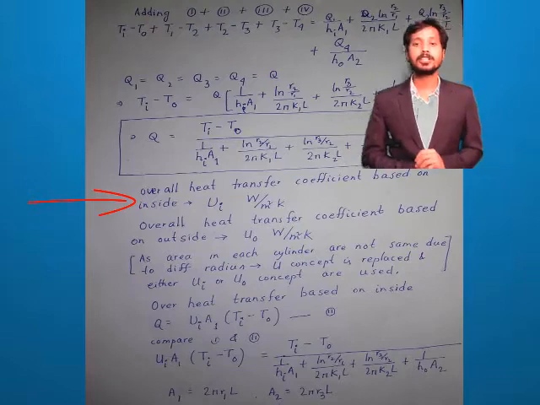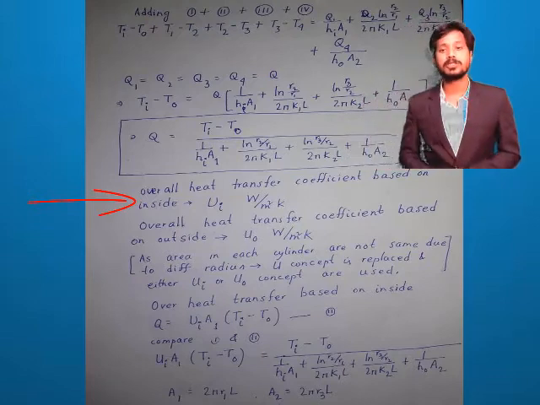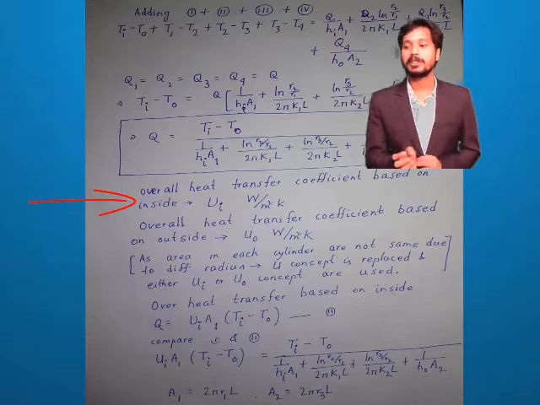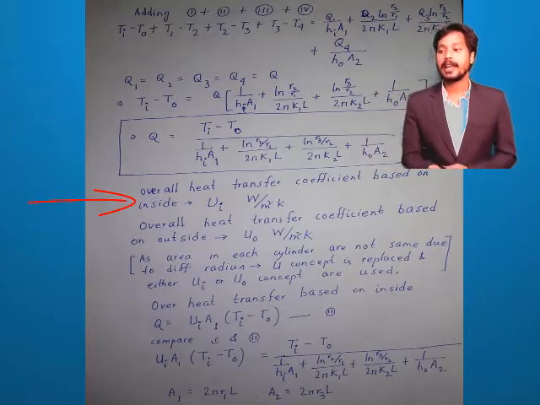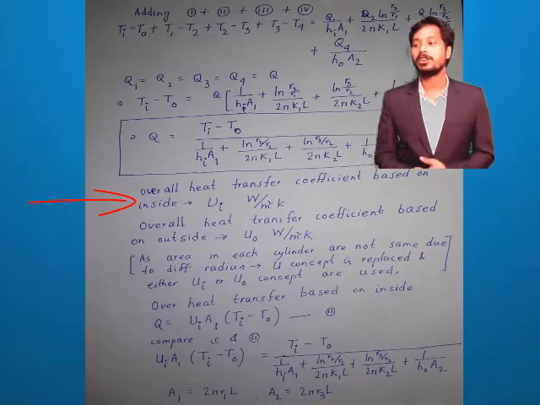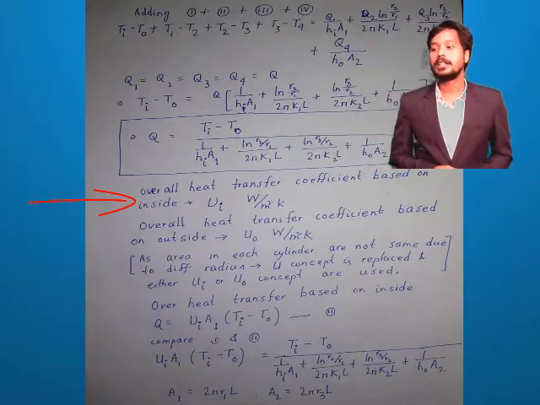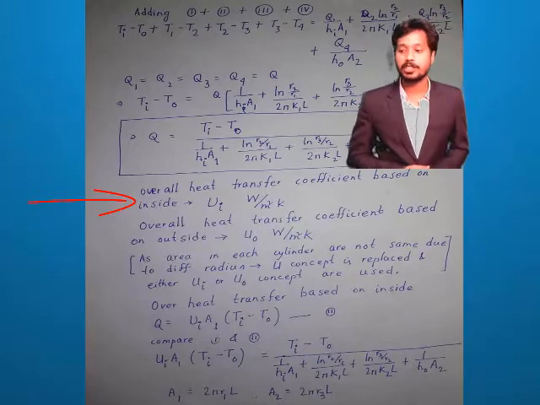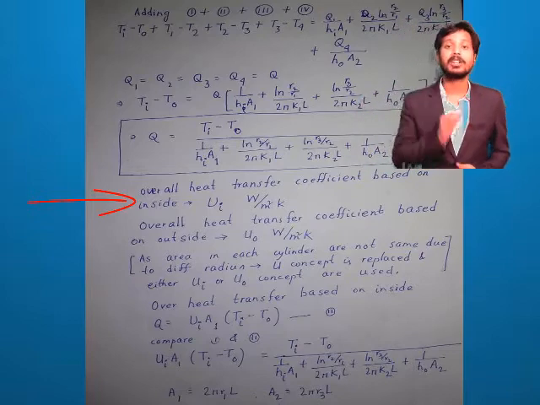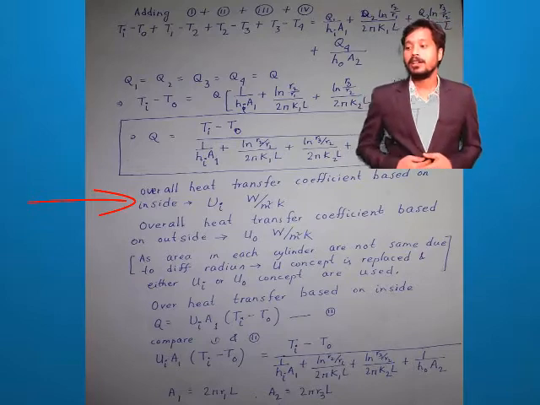Overall heat transfer coefficient based on outside is U naught watt per meter square Kelvin. As the area in each cylinder is not the same due to the difference in radius, the U concept is replaced with either Ui or U naught.